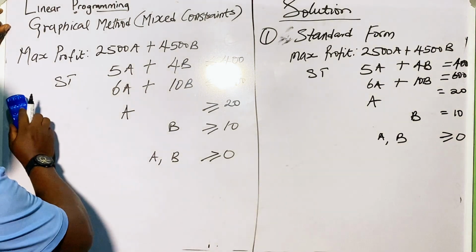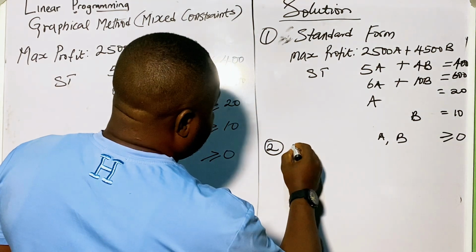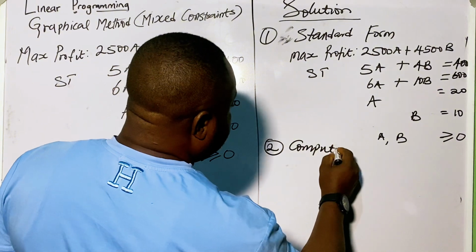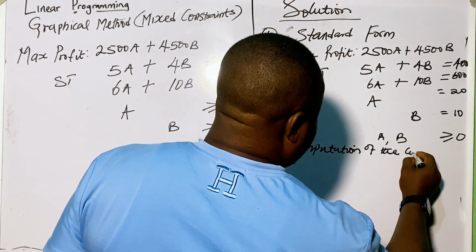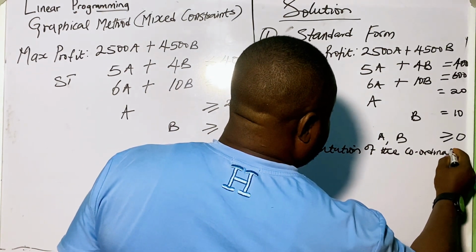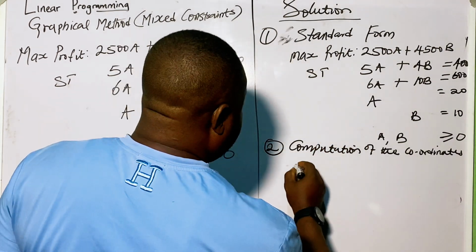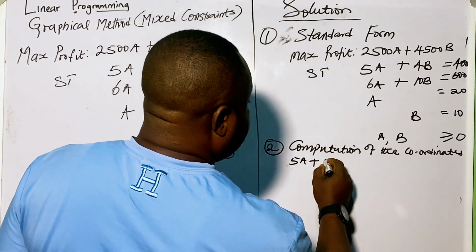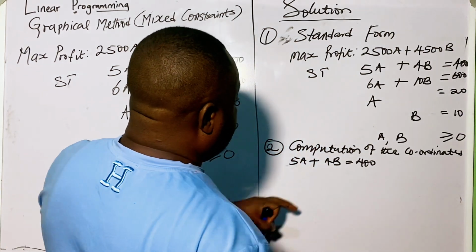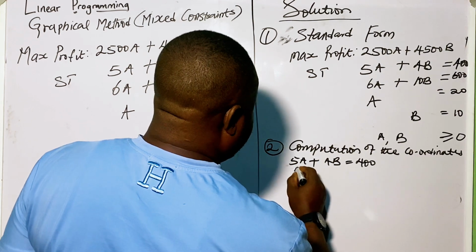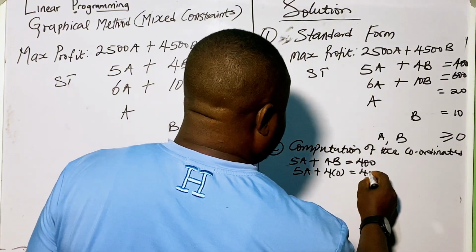So I'm going to clean this. Let me start from here. Step 2 will be the computation of the coordinates. So for constraint equation 1, we have that 5A plus 4B is equal to 400. So we're going to hold B constant to derive the value of A. So 5A plus 4 by 0 will equal 400.